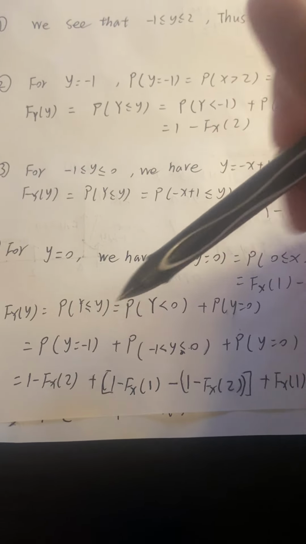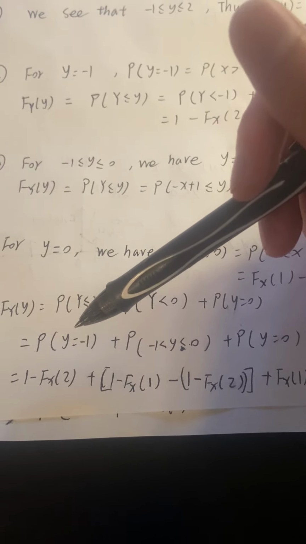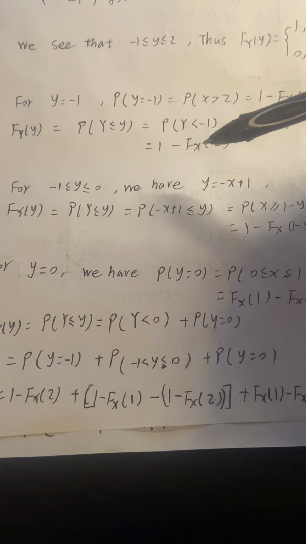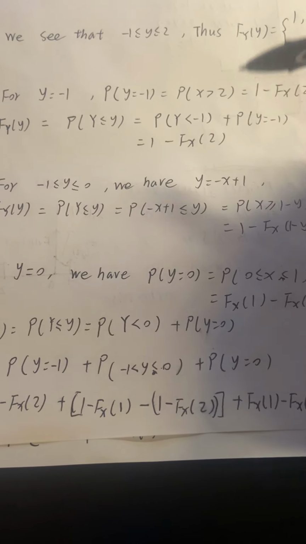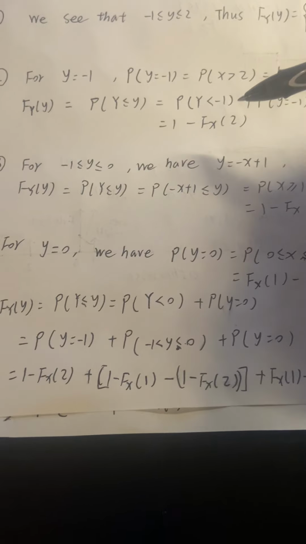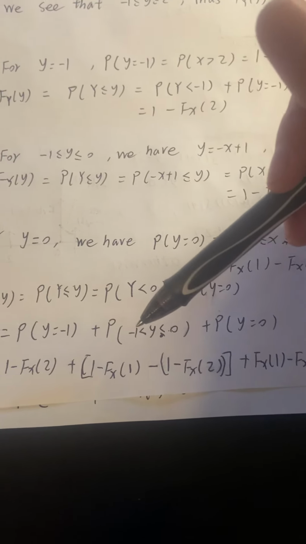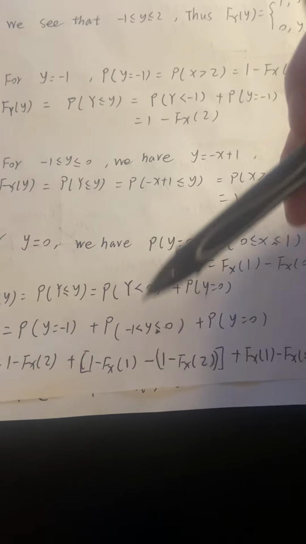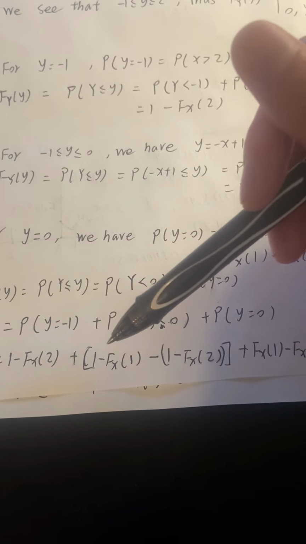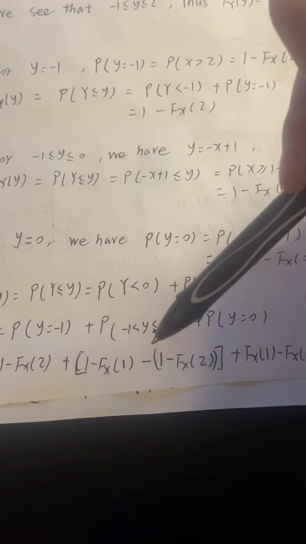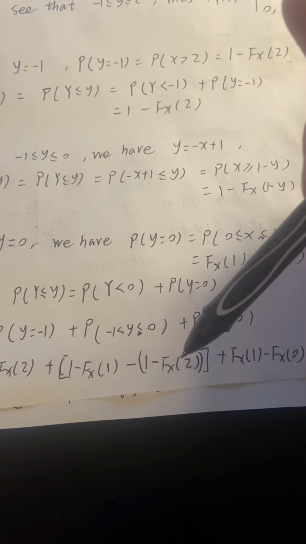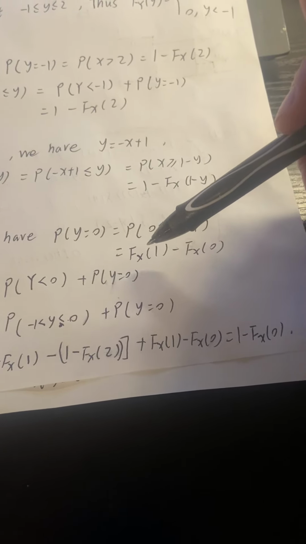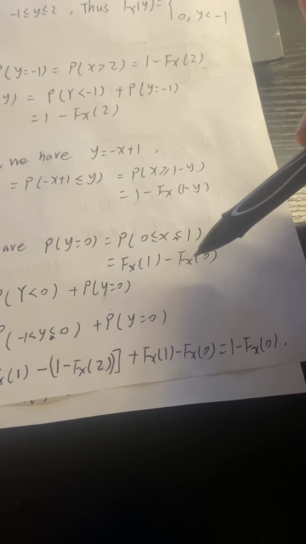And this term we can calculate from 2 and 3. The first one, the probability of y equal to -1, is 1 minus F_X of 2, and we can calculate the other term from 3, so it will be 1 minus F_X of 1 minus 1 minus F_X of 2, and this term will be F_X of 1 minus F_X of 0.